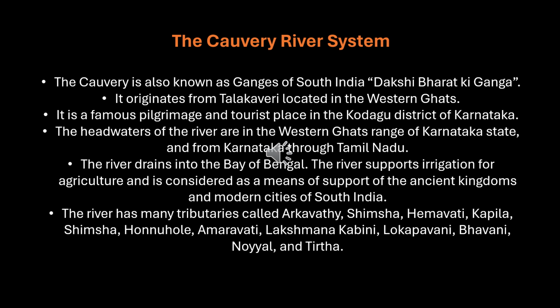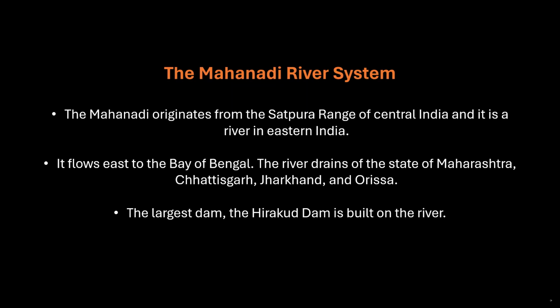The river supports irrigation for agriculture and is considered a means of support of the ancient kingdoms and modern cities of South India. The river has many tributaries called Arkavathi, Shimsha, Hemavati, Kapila, Honnuhole, Amravati, Lakshmana Tirtha, Kabini, Lokapavani, Bhavani, Noyyal, and Tirtha.